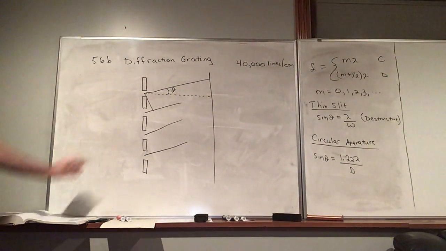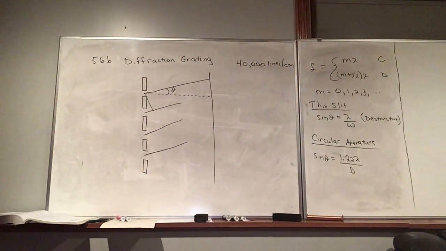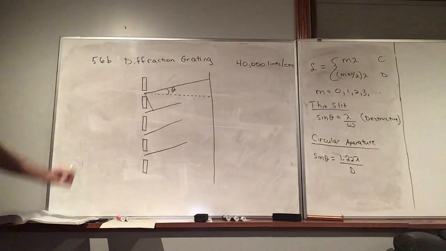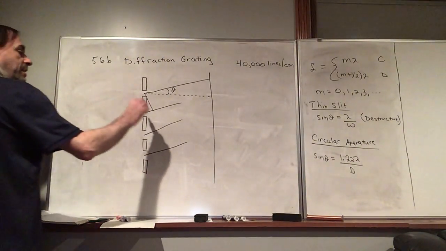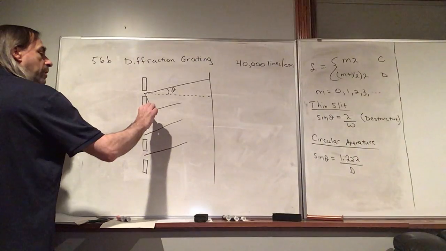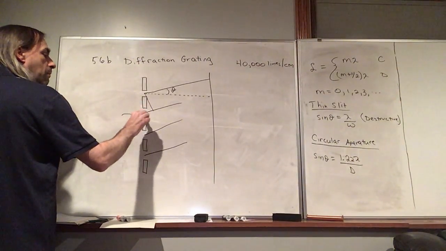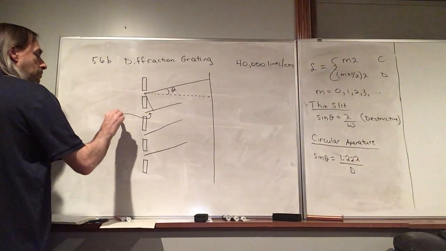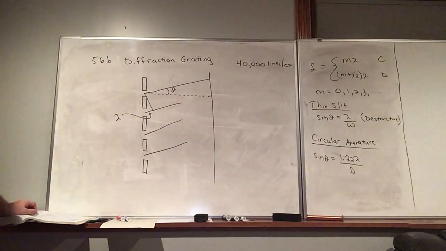If we look at these two adjacent slits, the path length difference to get a maximum should be lambda.